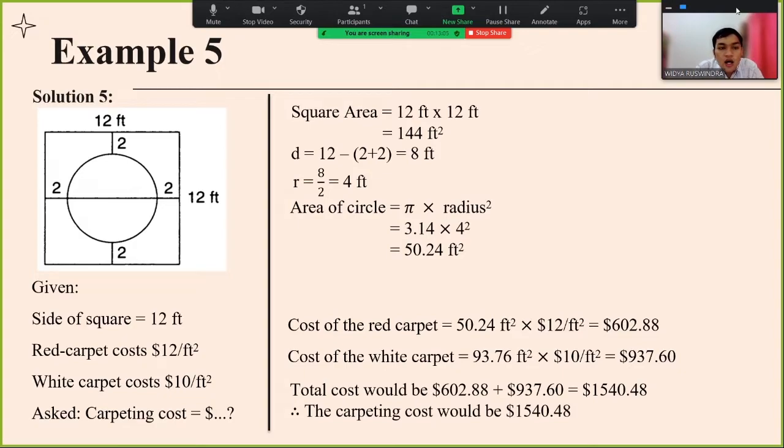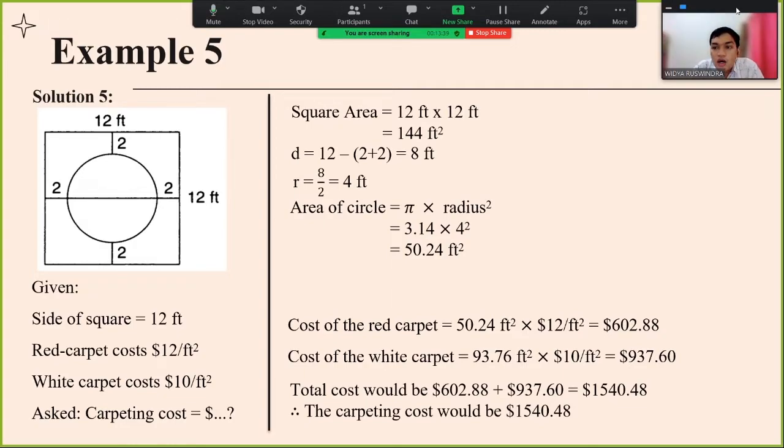Okay, from the illustration, we know the diameter. Diameter is 12 minus (2 plus 2) equals 8 feet. And we know the radius. The radius is 1/2 times the diameter, or the diameter divided by 2. So the radius is 8/2 equals 4 feet.